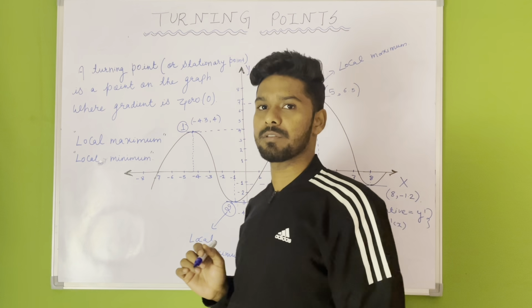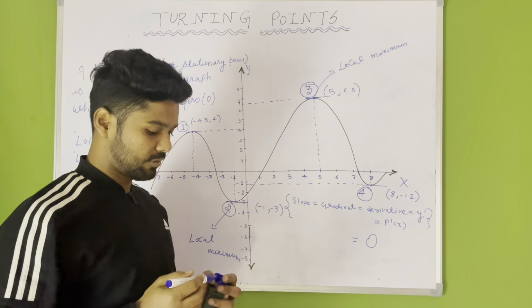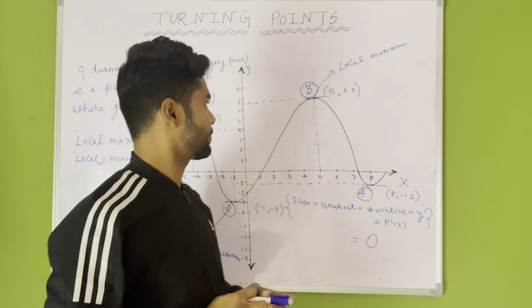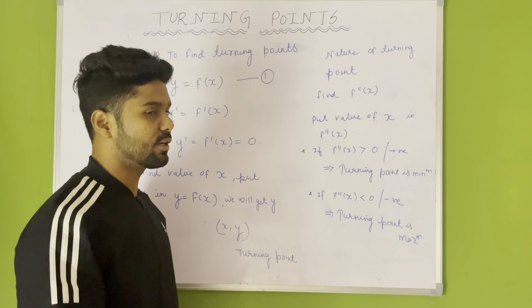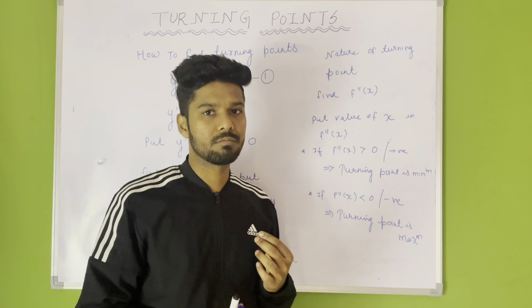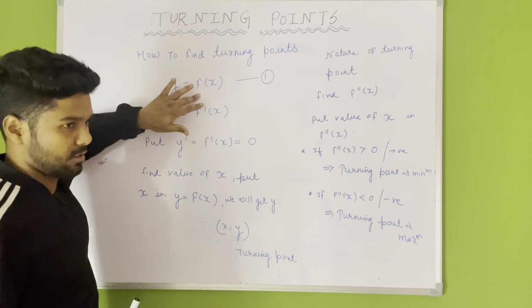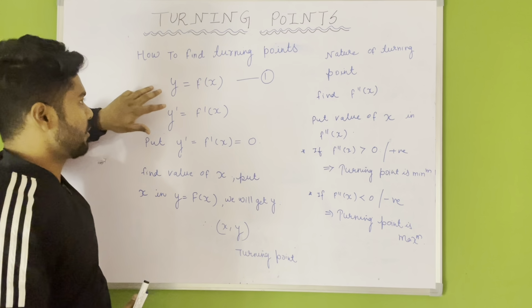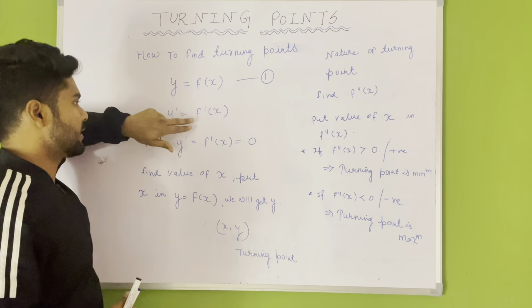Now I will discuss the concept of the turning point using some equations. So now we will understand how to solve turning point questions if we are provided with equations. Here I have taken y equals f(x) as our equation. First of all, we have to differentiate this equation, that is y dash equals f dash x.